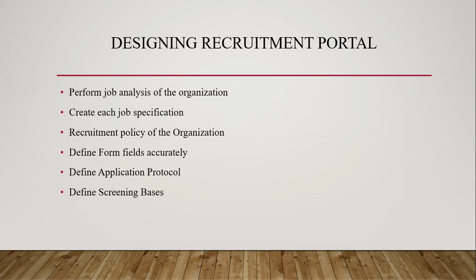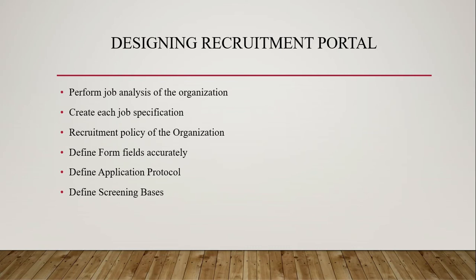Define the application protocol. There are some restrictions for avoiding unnecessary applications that you have to put on your portal. So define the application protocol, like if some information is not available, the applicant cannot apply. If the applicant applies without a skill set, what will happen?